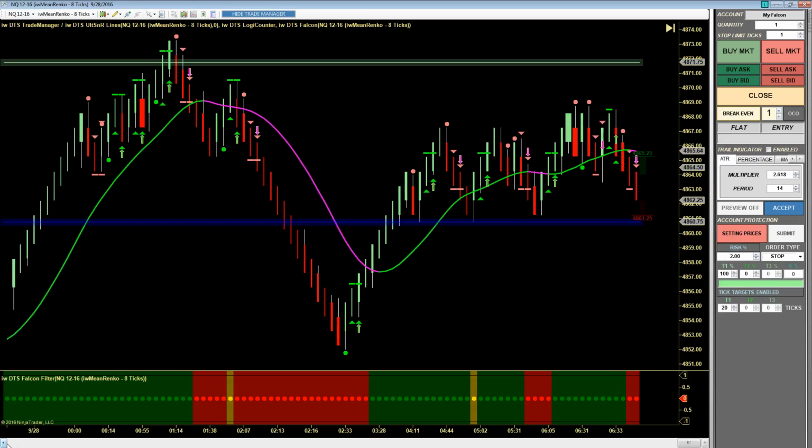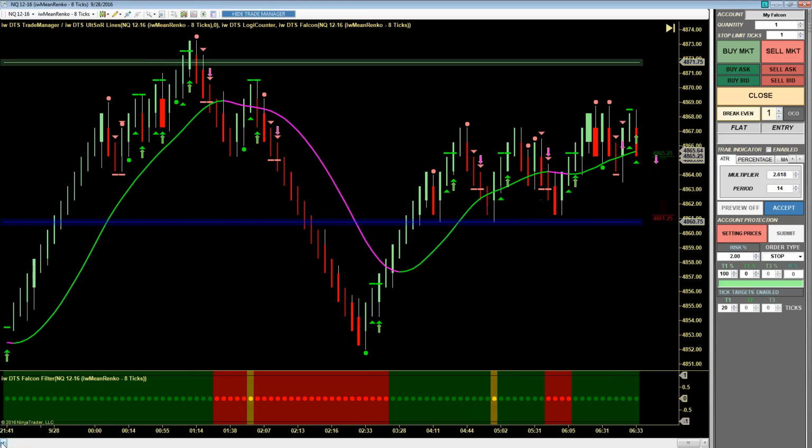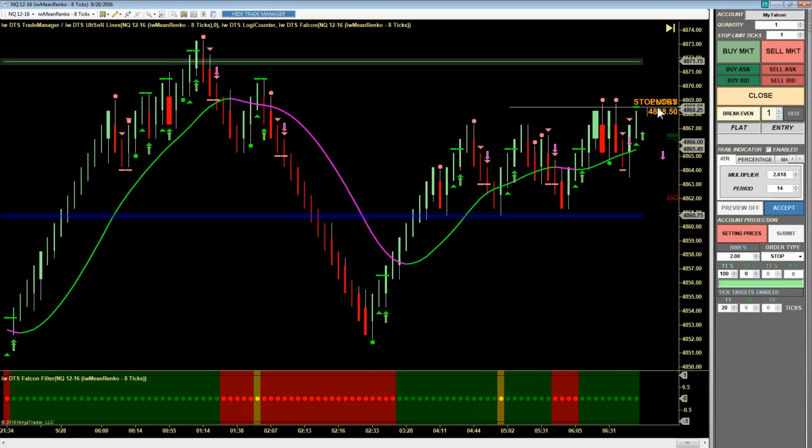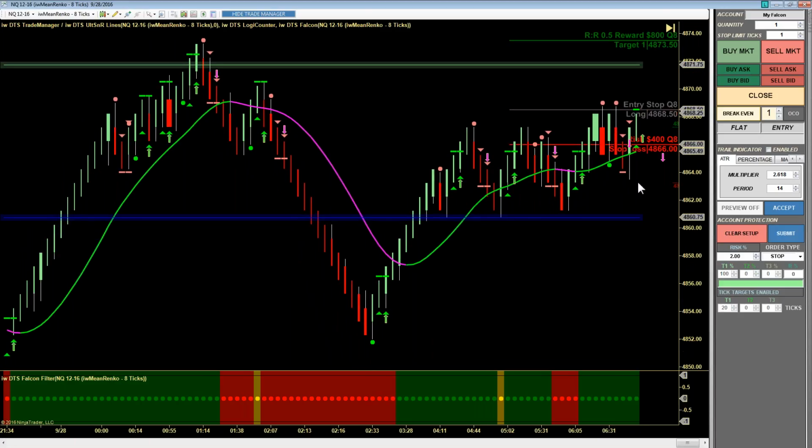So here's that buy signal. If I took it on the hash mark and placed my stop right here, notice the risk amount is $400. That's 2% of my account.